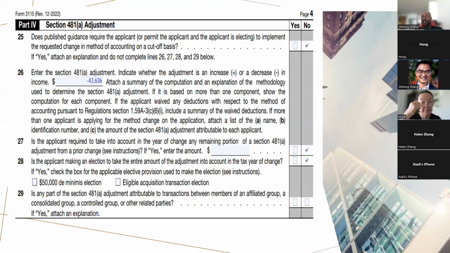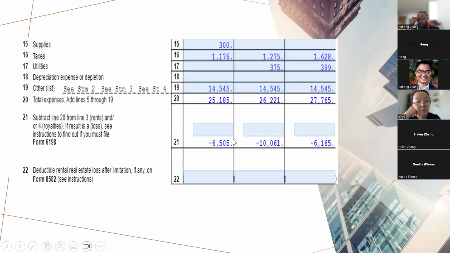So for this, we'll have 7,272. We're going to times that by 3 properties for 2 years, and that's how we get our adjustment here. Once we have that adjustment placed in, it's about 14,545 for each of the three properties.